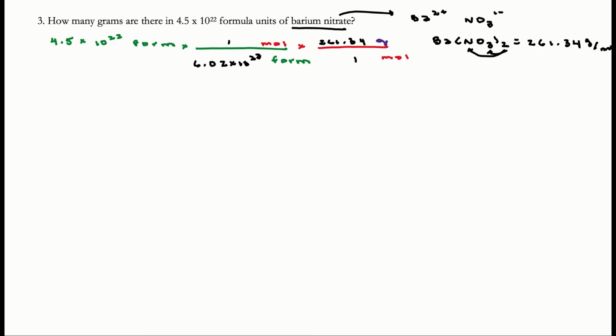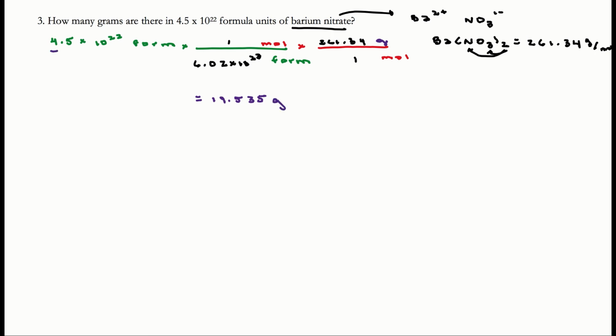And so when I do out the math, I'm going to take 4.5 times 10 to the 22nd. I'm going to divide it by Avogadro's number, 6.02 times 10 to the 23rd. And then I'm going to multiply by my molar mass, 261.34. The value that I get, unrounded, is 19.535, let's say. Okay.